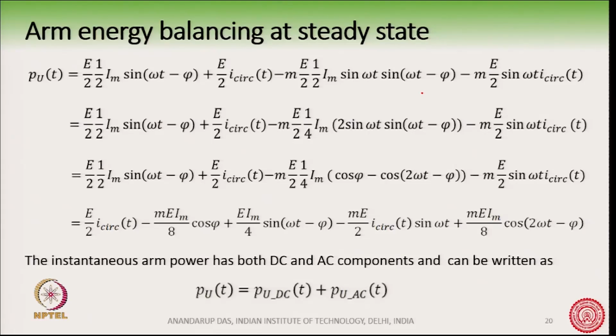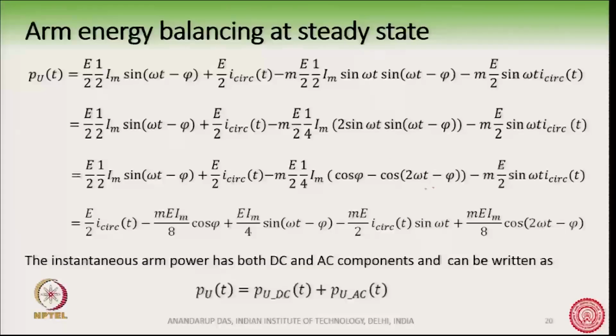We can split this product term into two additive terms: 2 sin A sin B is cos(A minus B) minus cos(A plus B), and that is what we have written here. Once we do this, we have all additive terms, no multiplicative terms.